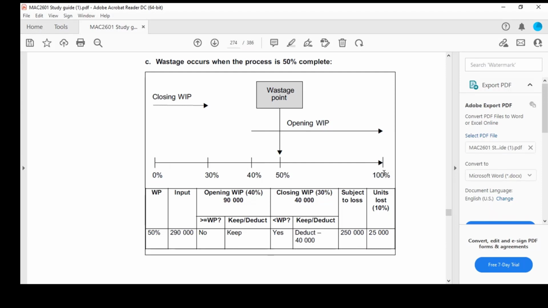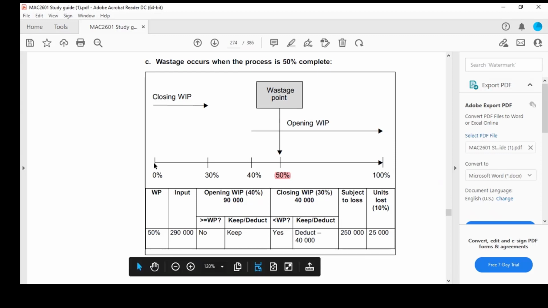The end is 100%. Same units, same percentages. The wastage point, where it's happening, is 50%. When you're 50% into the production, the normal loss happens here. So let's start.